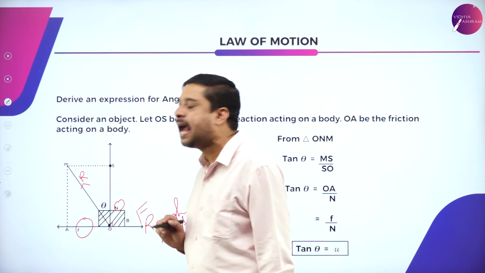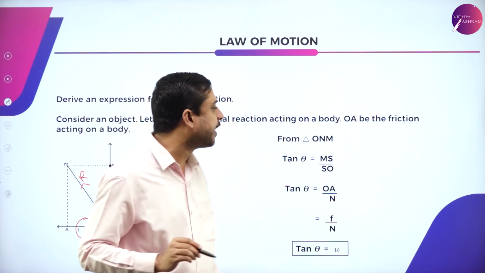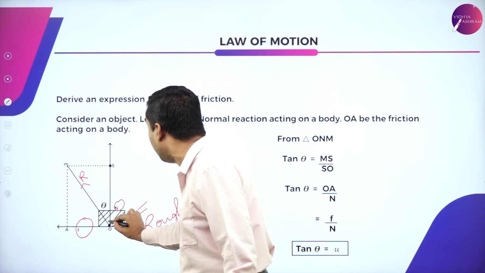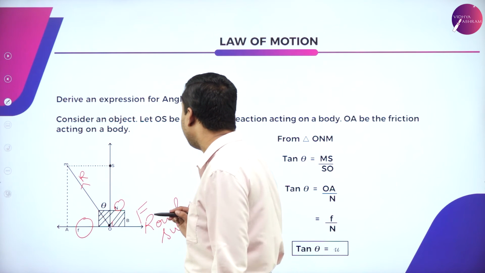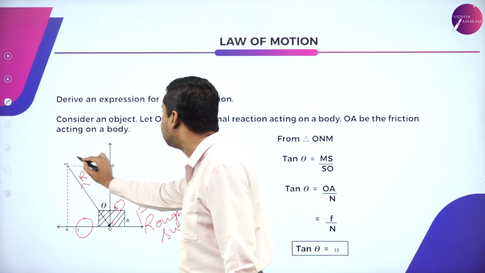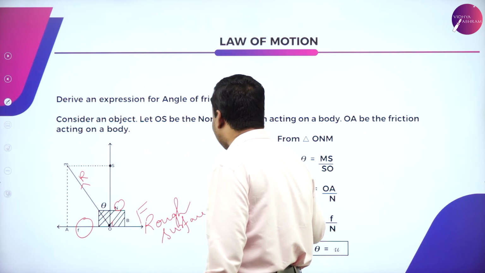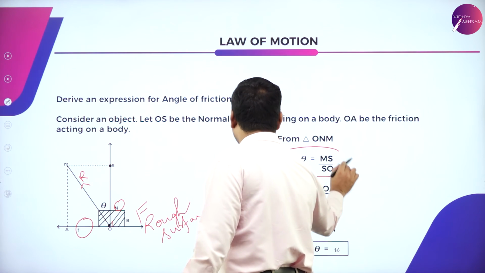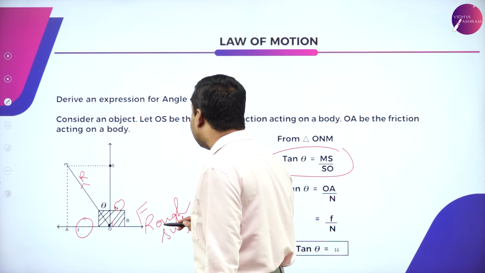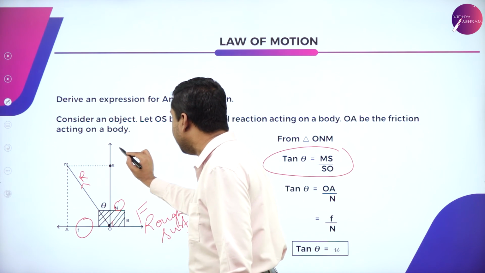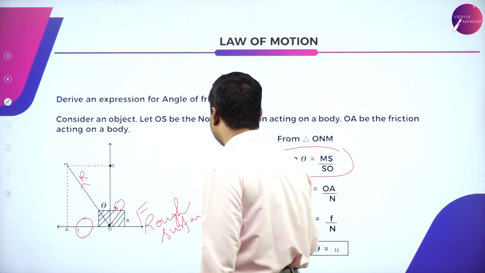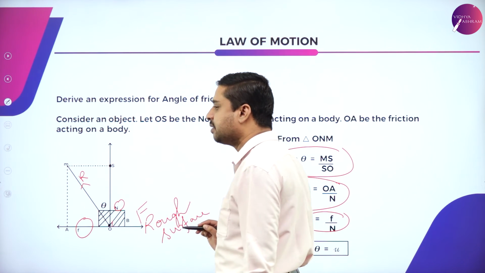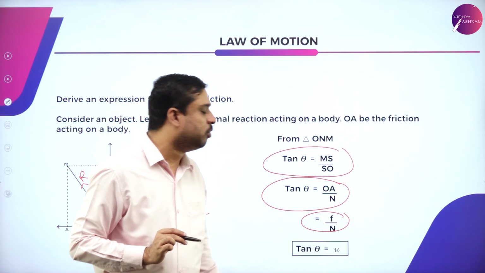Now, from the triangle OSM, tan theta is MS divided by OS. MS is nothing but F, and OS is nothing but N. So tan theta is F by N, but F by N is mu.